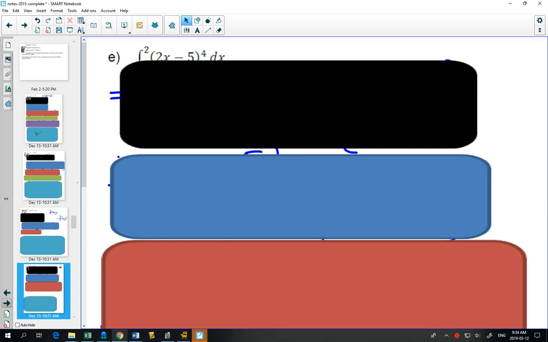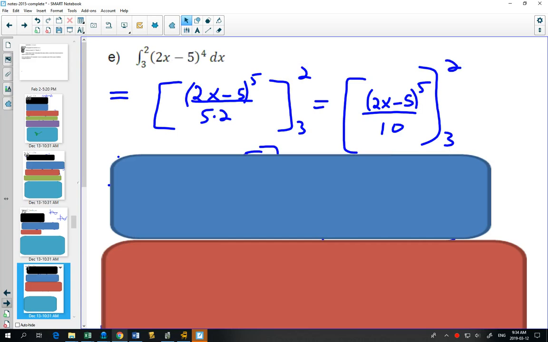Oh no, e's not that bad. I thought it was bad, but the inside's just a 2x, so we can just do the opposite of our power rule and divide by 2 because it would have a simple chain rule. Notice that the numbers go from 3 to 2 instead of 2 to 3. Okay, that's possible.